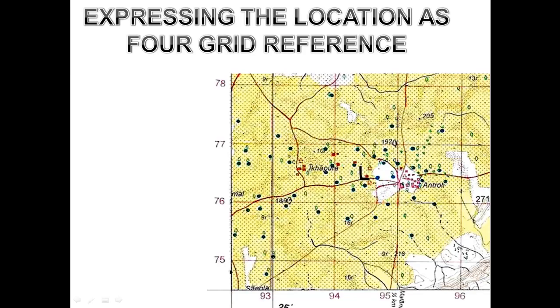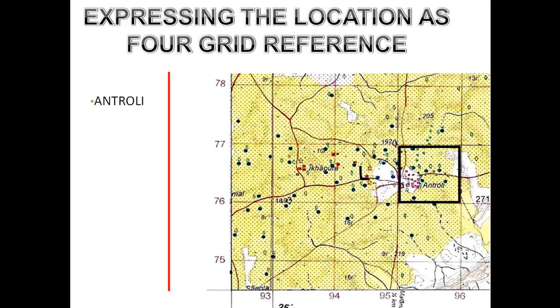How do we express a location on a topographical map using a four-grid reference? Some more examples. We want to locate Anthroli village using a four-grid reference. As you see, there is a black box highlighted. We'll take easting first.